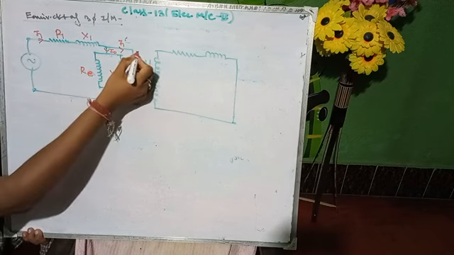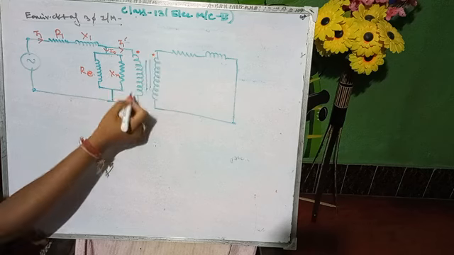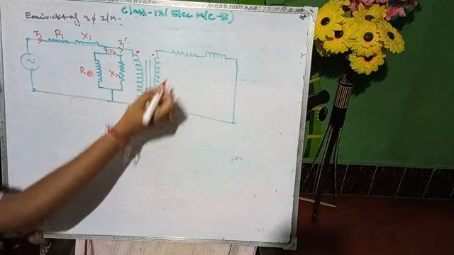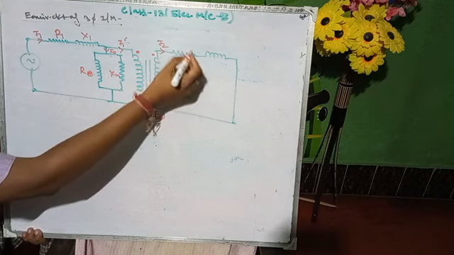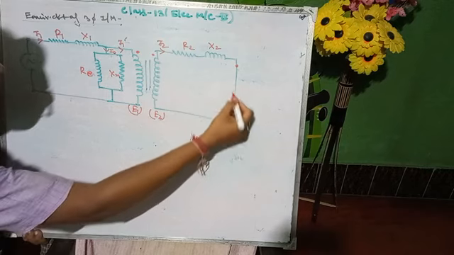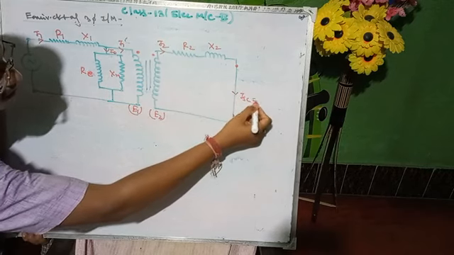Here E1 is generated, here E2 will be generated, and from here the I2 current is flowing through R2, X2, and the secondary terminals are short circuited, that is ISC equals I2.